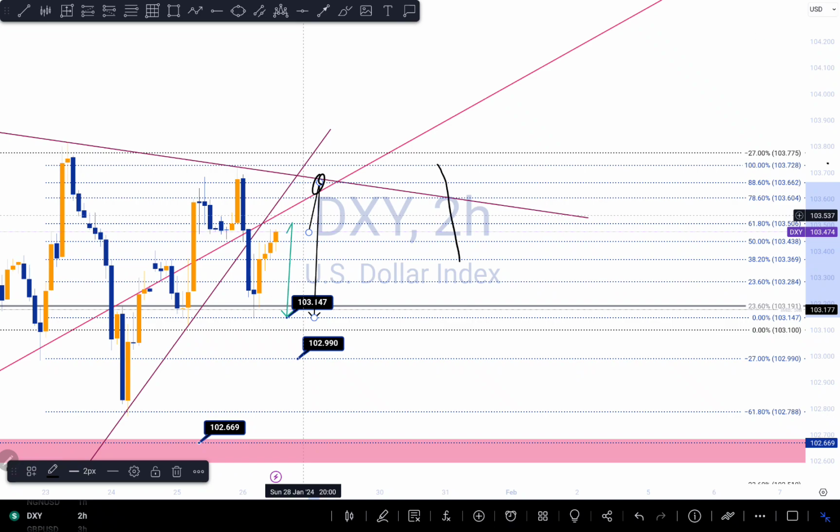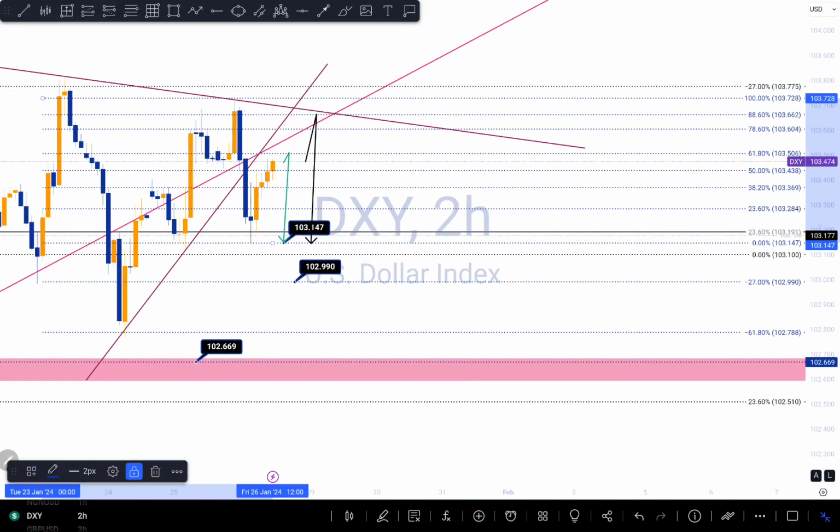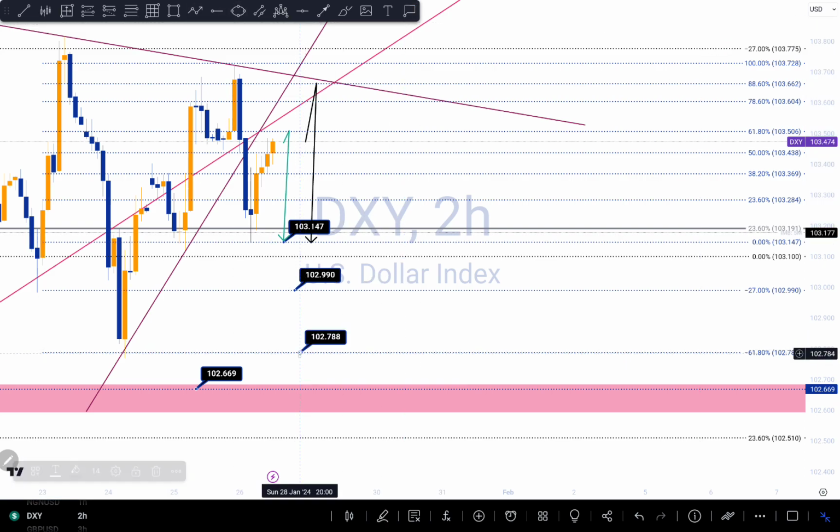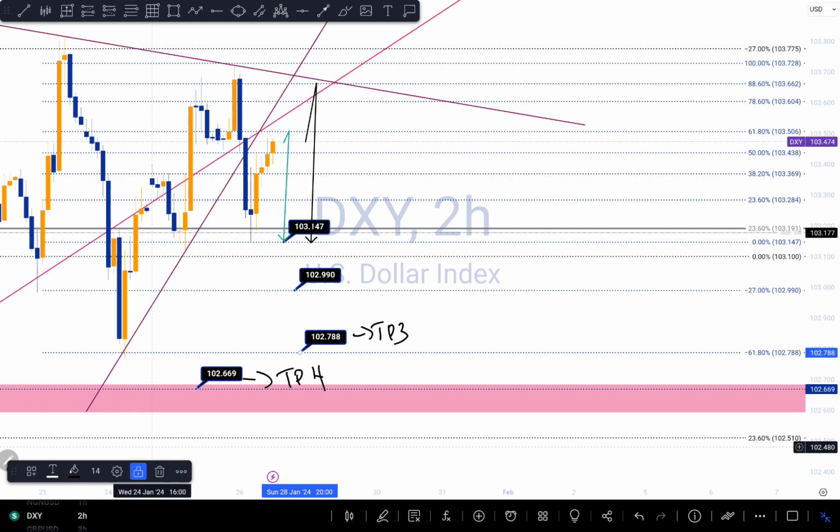So this will be my TP1 right here, this is my TP2, and this should be my TP3 right here, and this will be my TP4 right there.